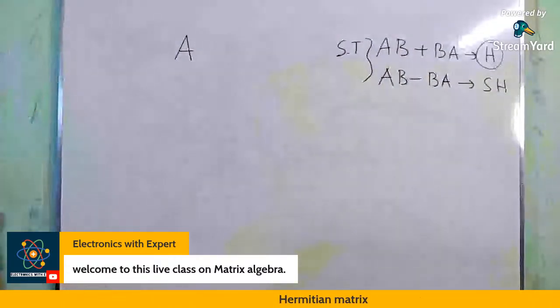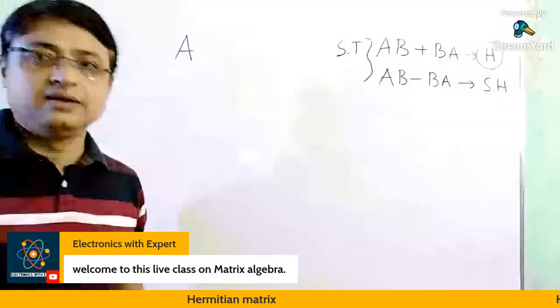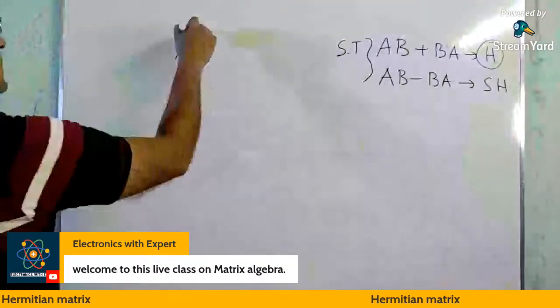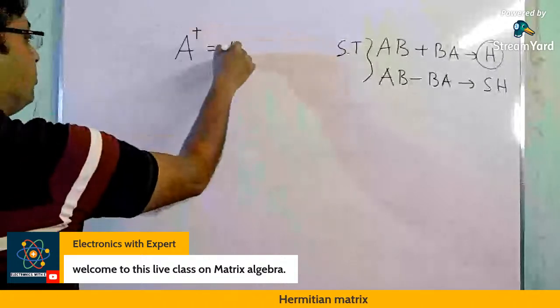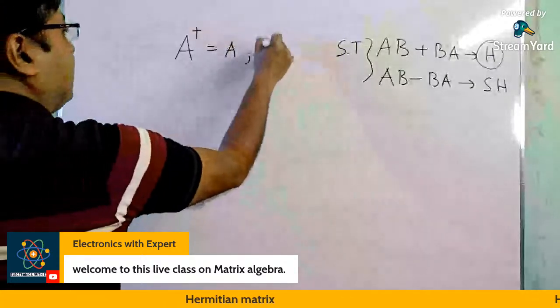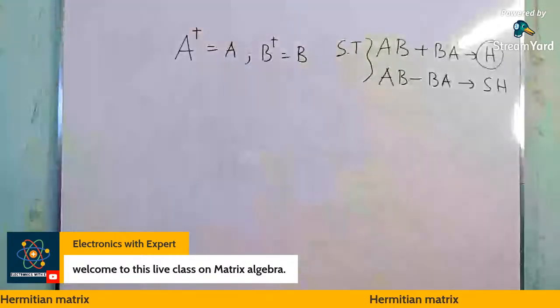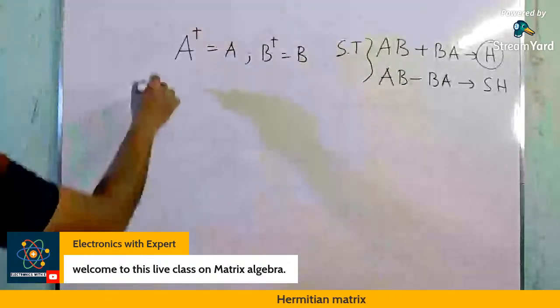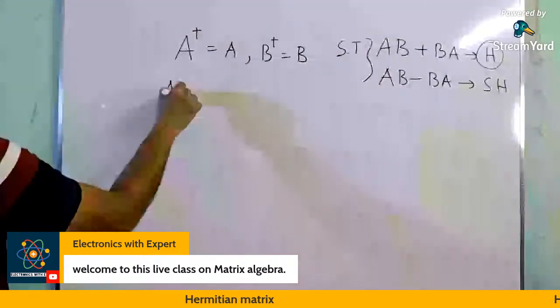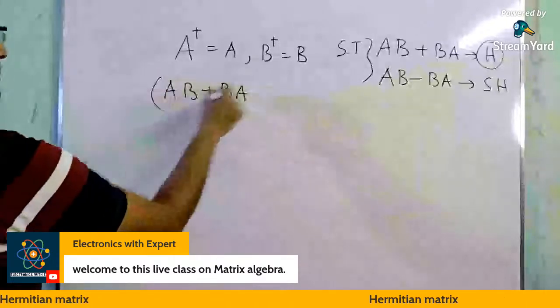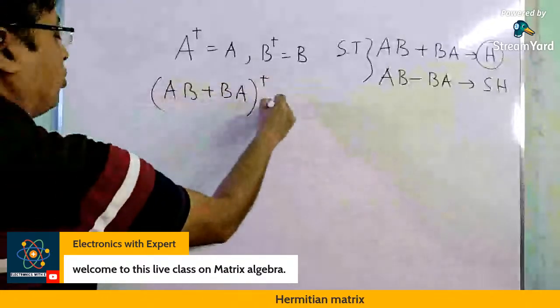Now as it is given that A and B are Hermitian matrices, that means A dagger equals A and B dagger equals B. These are given. So let's find (AB plus BA) whole dagger.